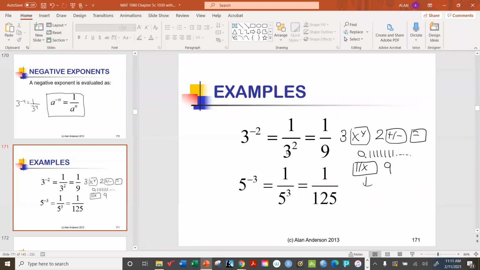So this button is basically saying, take the inverse of. And by the way, specifically the multiplicative inverse of x. That's why it's there, in case you need it.